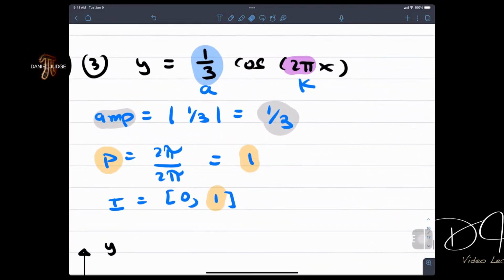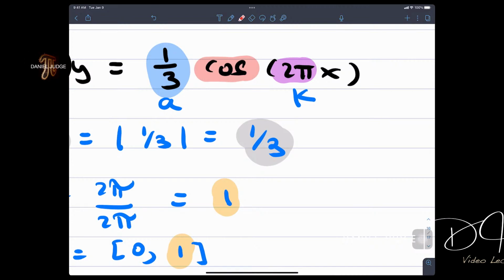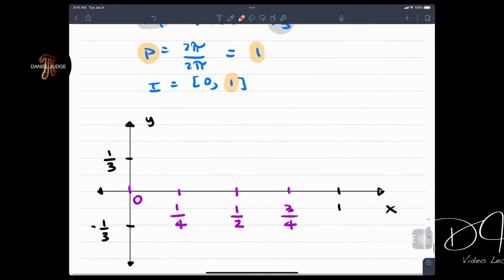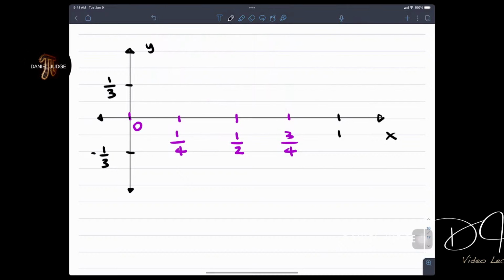All right, don't forget, this is going to be the cosine curve, so you're going to need to know, again, how cosine behaves. Now, cosine starts, ladies and gentlemen, when x is 0, at the highest value. And then it comes down to the x-axis, and it goes down to the lowest value, and goes back to the x-axis, and then finally it comes back up to the highest value.